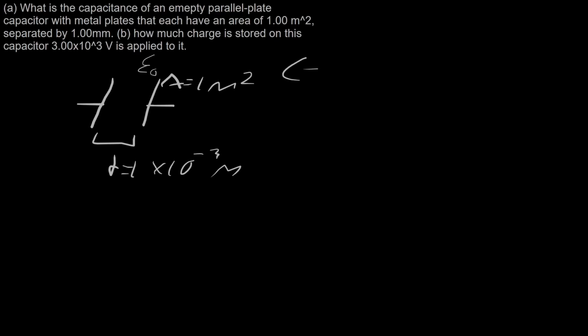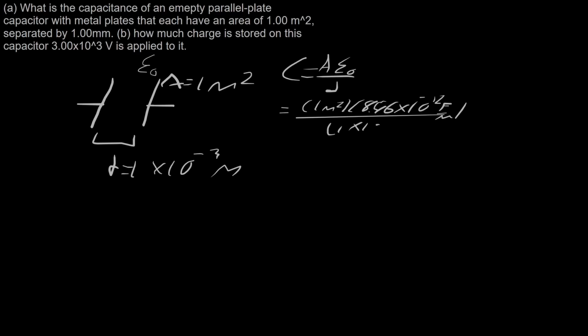If you look from before, we calculated our capacitance as A times our permittivity constant divided by the distance. If we plug those in, and let's do this right now so you know the values, 8.85 times 10 to the negative 12, and I'm pretty sure this is farads per meter, divided by our distance, 1 times 10 to the negative 3 meters.